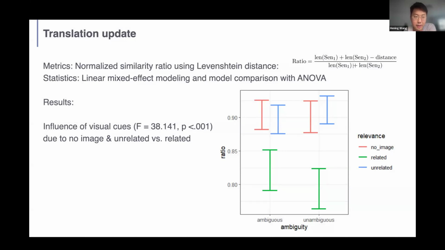So we have found a significant influence of visual cues, and this is due to the comparison between no image versus unrelated and related images. If you can see my cursor, you can see that there is almost no difference between unrelated and no image condition, but there is a huge difference with related images.